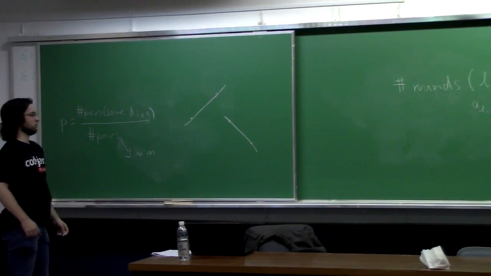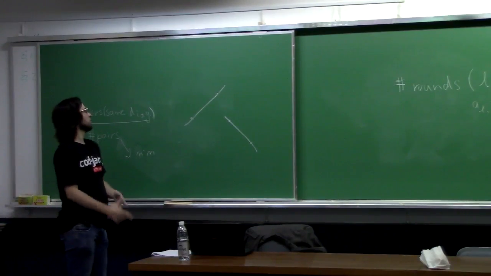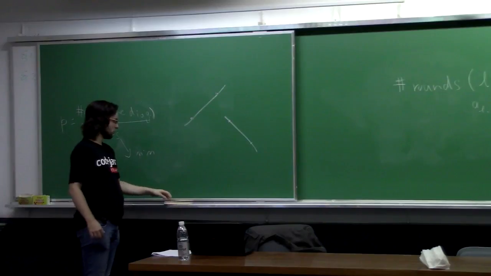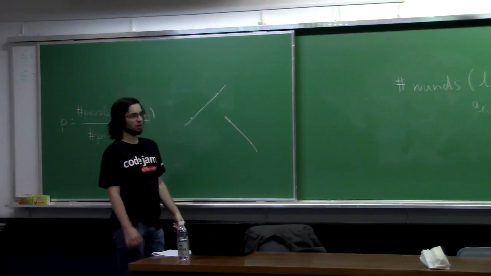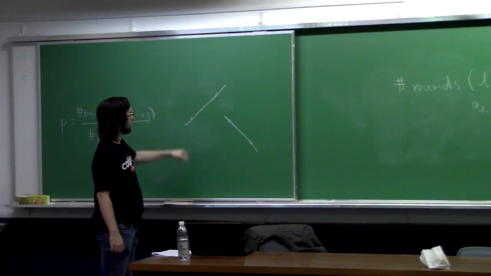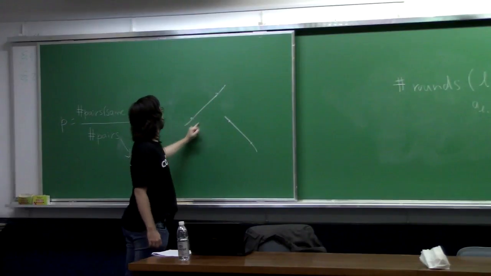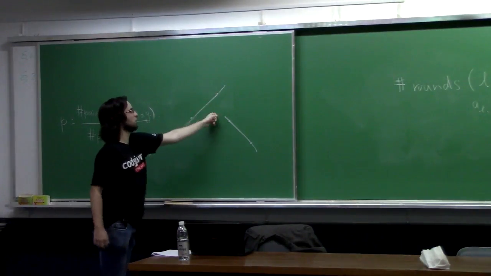Or we can just group the towns or the points by the diagonal on which they appear, either in this direction for these diagonals or for these diagonals.